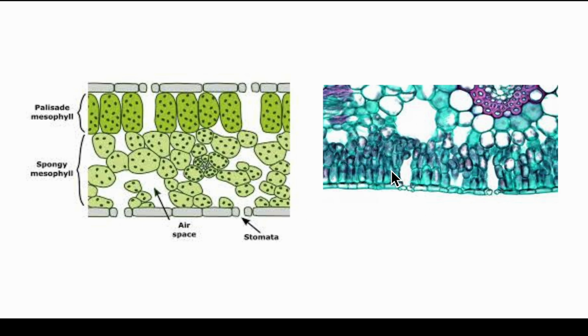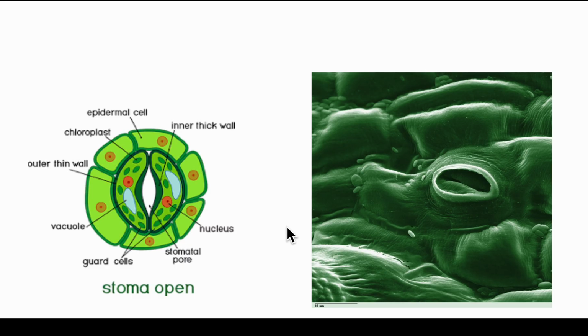This is an actual plant leaf, and this is a microscopic view of it, and you can see the same thing is located here. Now, stomata have a cell that opens and closes it, and that's called a guard cell.